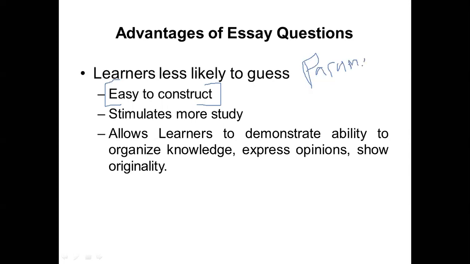When you provide parameters to your learners to say your learners are supposed to go this deep, they are not supposed to go beyond this level. So questions that are in essay form are very easy to construct. So you just look at the knowledge level which you are trying to look at.